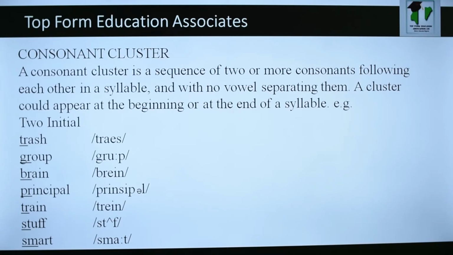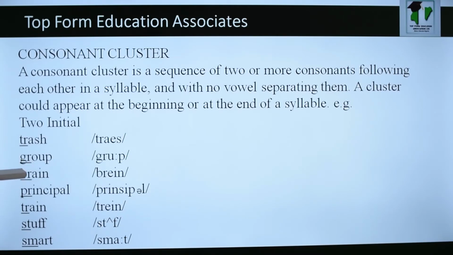Sh. We have another example, group. Group. Then we have g and r. Then long u sound, which is a vowel sound, and p, which is consonant staying on its own. Where is the consonant cluster now? On g and r. We have 2 consonants together.